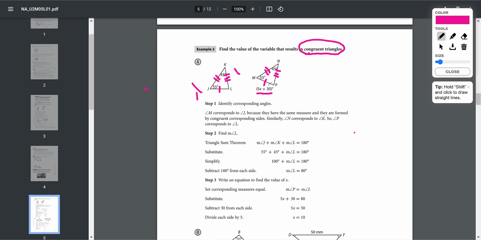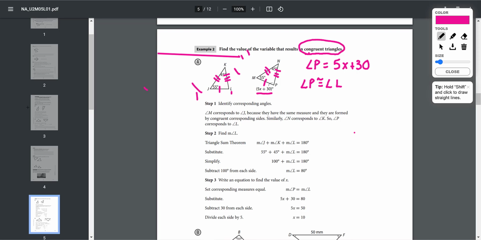So angle P is 5x plus 30. And angle P in this problem is equal, or congruent, to angle L. Again, these instructions are below, but we can find the measure of angle L because recall, in an earlier section of geometry, you know that the 3 interior angles of a triangle add up to 180.